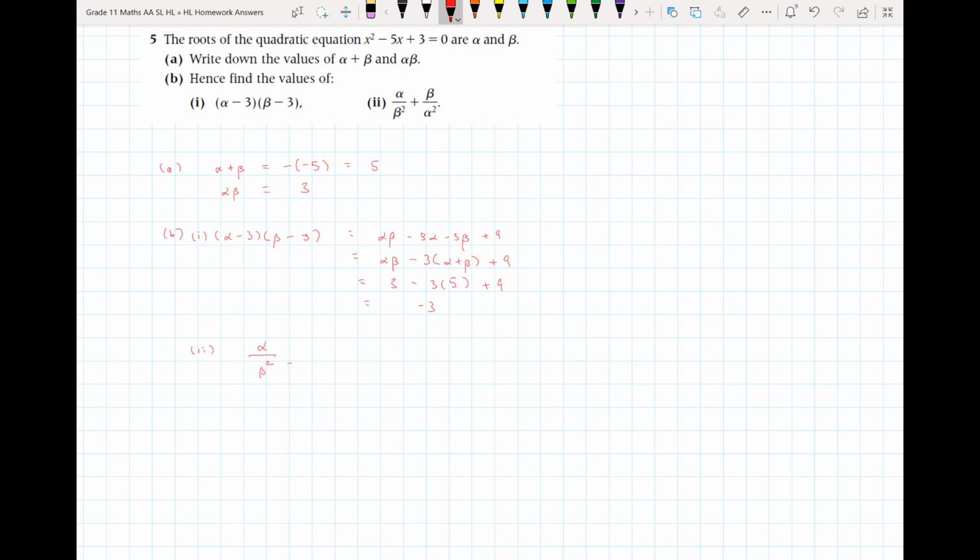Alpha over beta square plus beta over alpha square. Do a bit of cross multiplying. So you got alpha cubed plus beta cubed all over alpha square beta square.